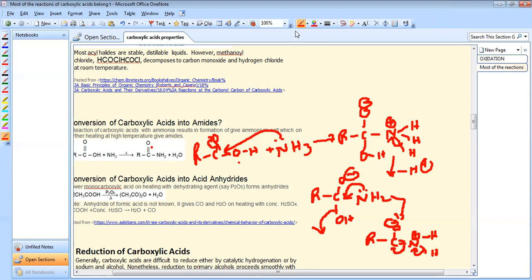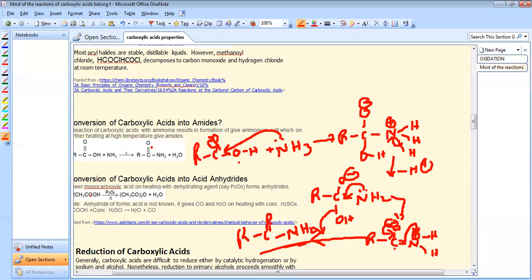Sorry, not like that. Now this time the lone pair of electrons, the negative charge, shifts here, so this bond shifts here. Thereby we get R C double bond O and NH2. So this is the mechanism of formation of amide.